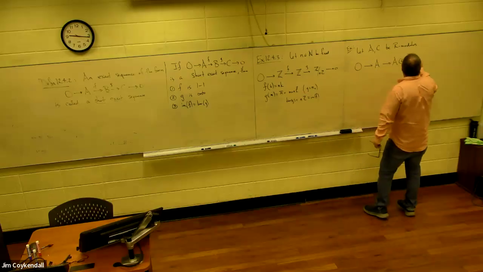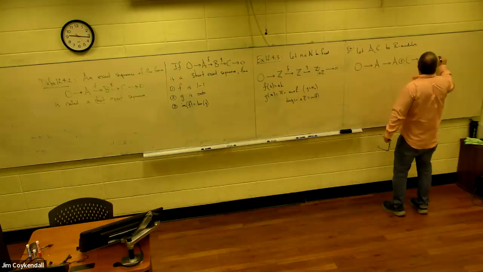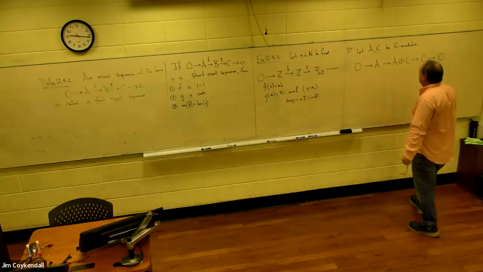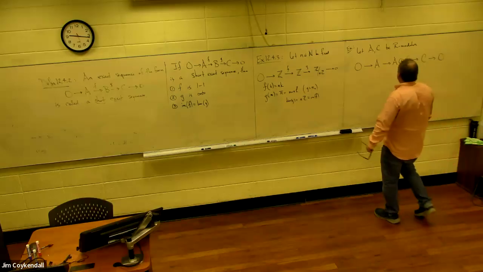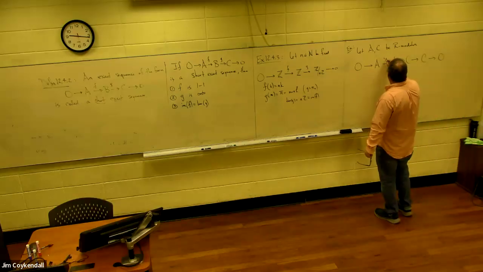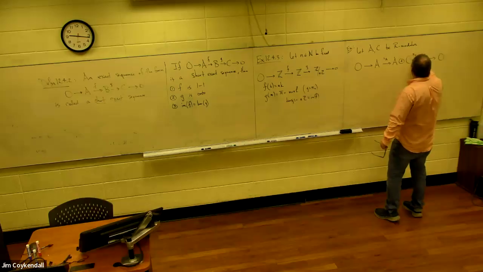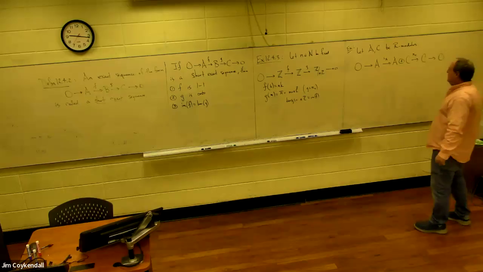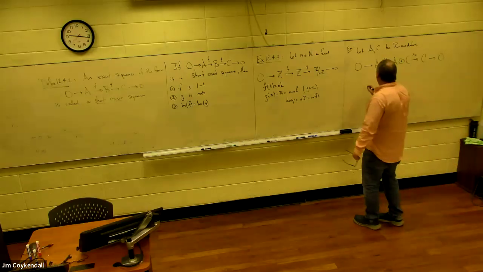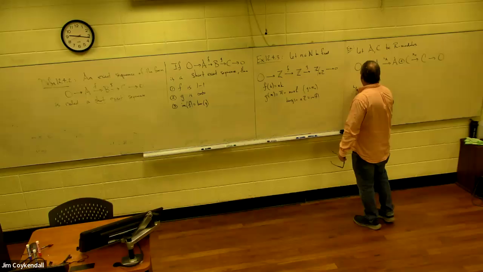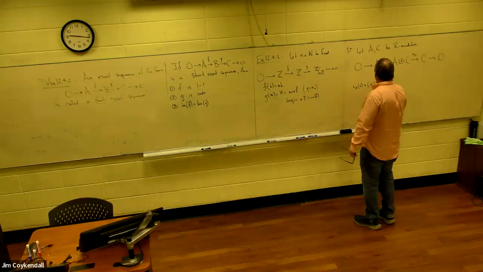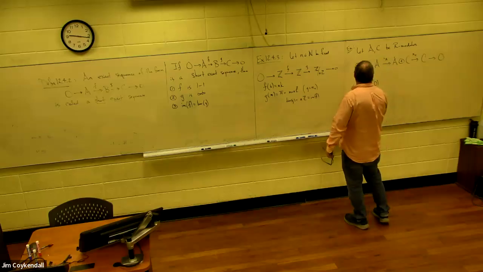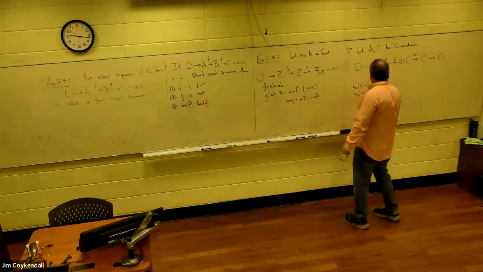By the way, this isn't the only way to make this a short exact sequence, but I'm going to do what comes naturally to me. I'm going to call this inclusion into A, injection into C. Here's the way this works. Inclusion takes A to the pair (a, 0), and projection to C takes the ordered pair (a, c) to c.